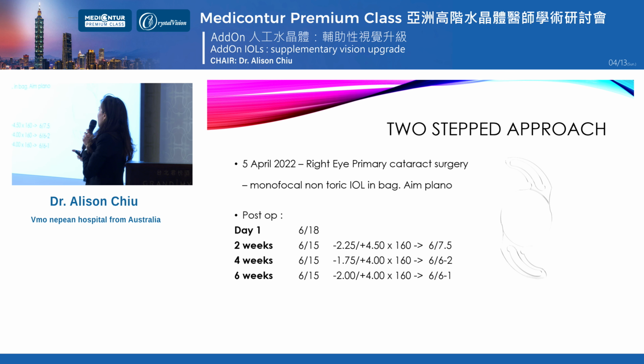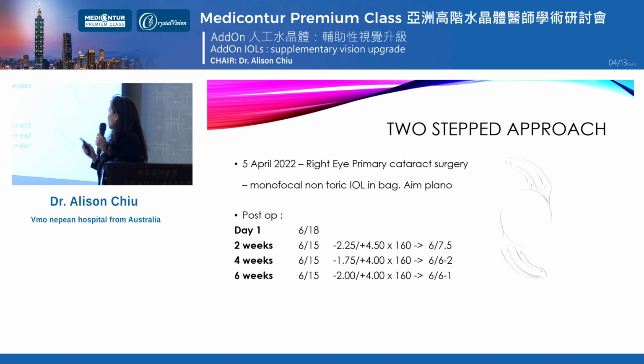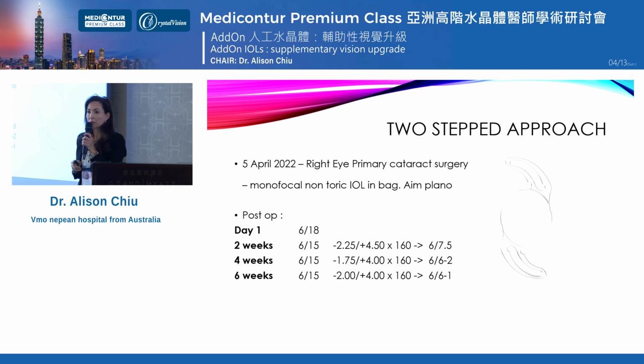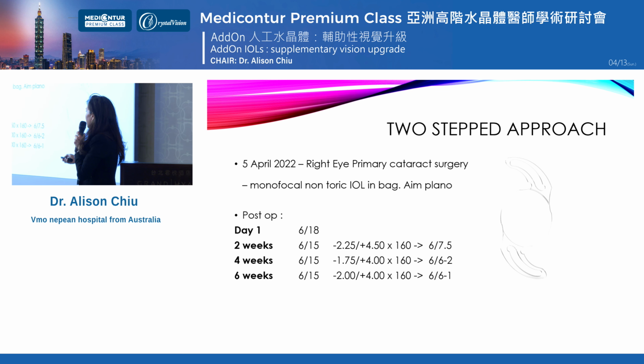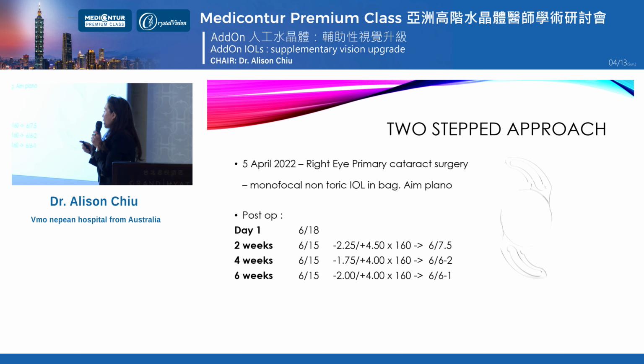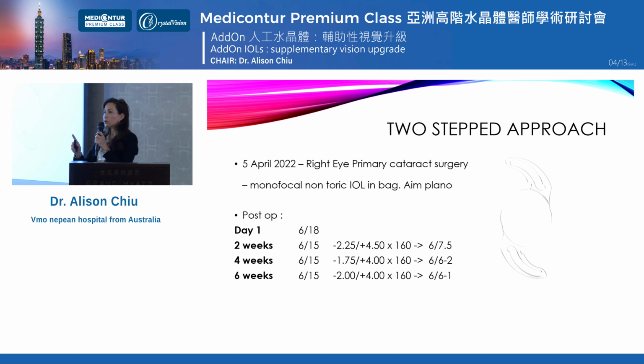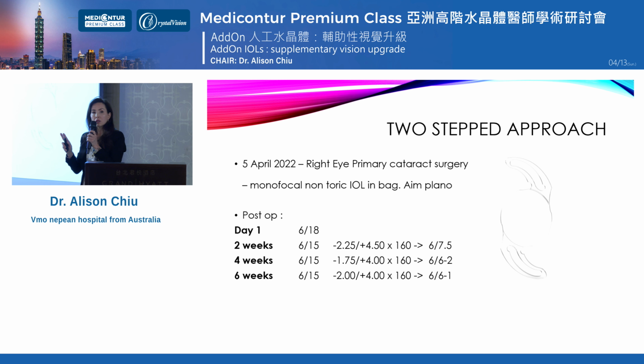So I did his primary cataract surgery and put a monofocal non-toric IOL in the bag because I didn't really know what toric lens to put in. It was too inconsistent. And then got a number of subjective refractions post-operatively. I prefer to get 2 stable refractions 2 or more weeks apart.